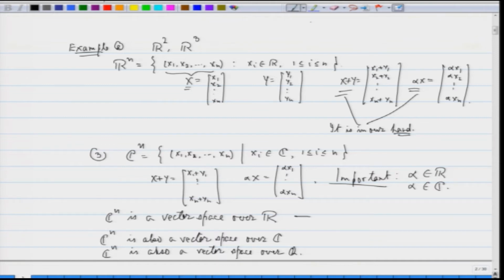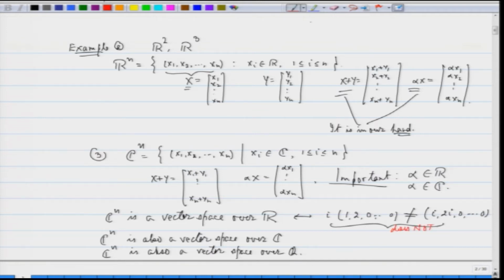For example, here in this case, all right, i times the vector 1, 2, 0, 0, 0 is not equal to i, 2i, 0, 0, 0. Does not make sense. This is important, all right.